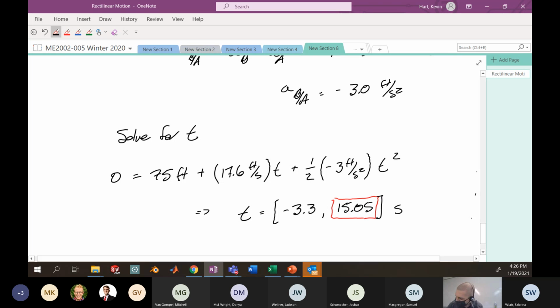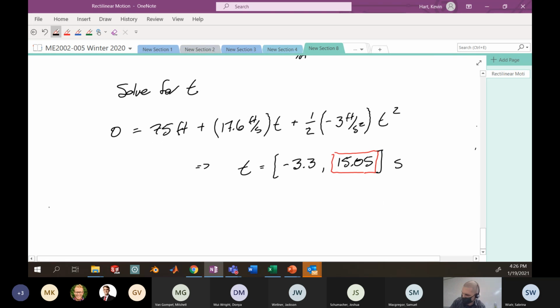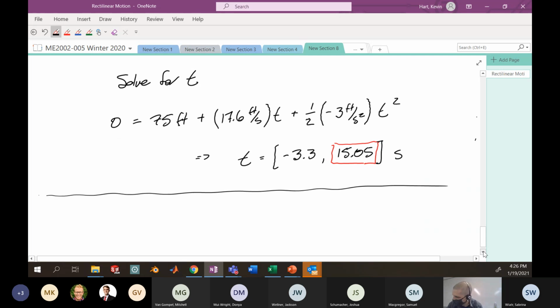Once we have the time, things ease up and our life becomes easier. We can use either constant acceleration equation for either car A or car B and the associated time to determine the position of each one of these vehicles at that particular time.